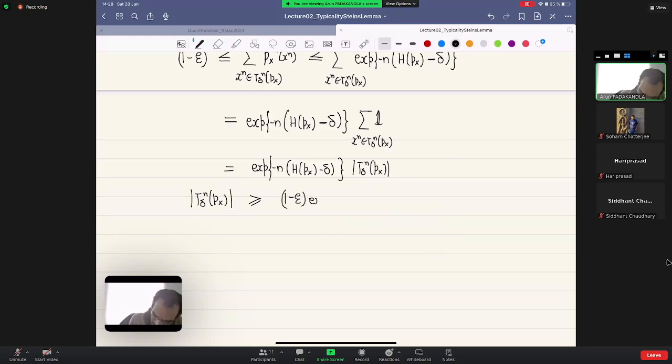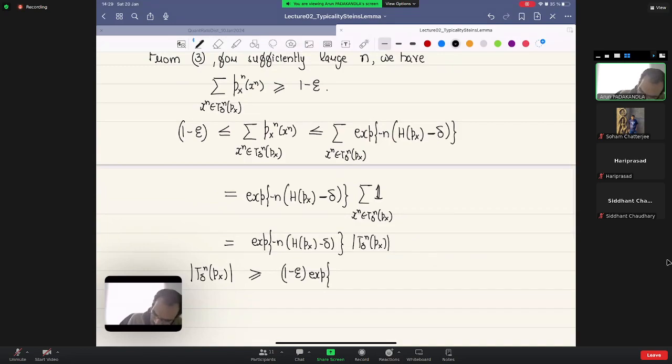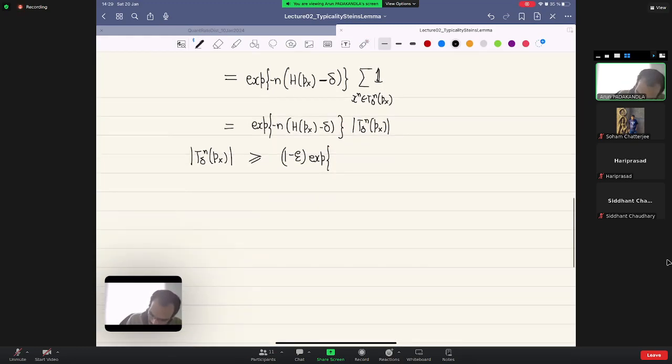Now this object goes to the right, goes to the left, whichever way you put it. So the minus will become a plus. So you have plus n times (H(p_X) minus delta).